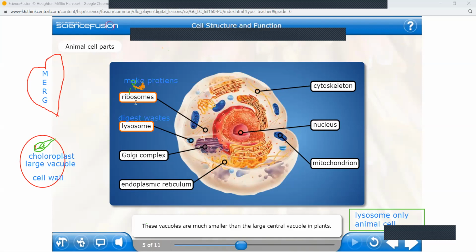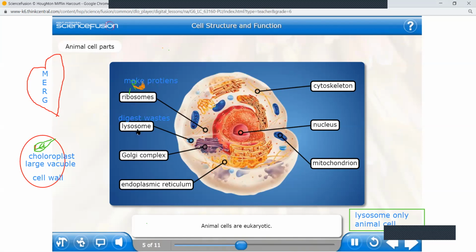Okay, so make protein, ribosome. Lysosome, digest waste. Miss, is there a ribosome in the plant cell? Yes, in animal and plant, both have ribosome. One minute. Unlike plant cells, animal cells contain lysosomes.